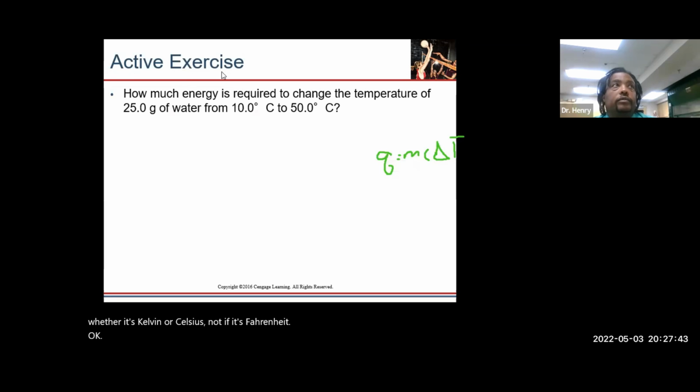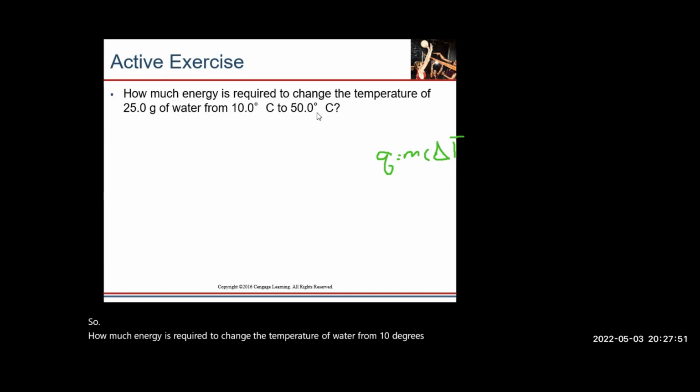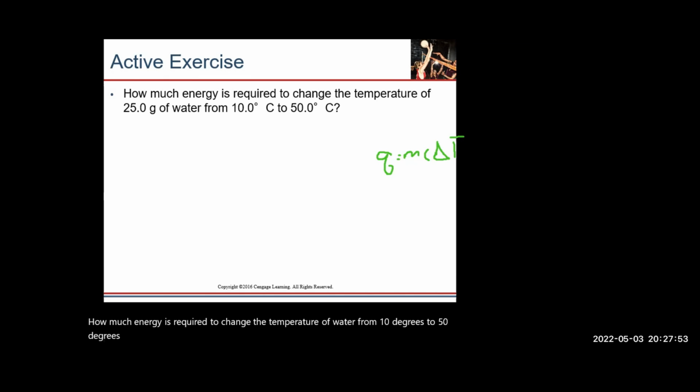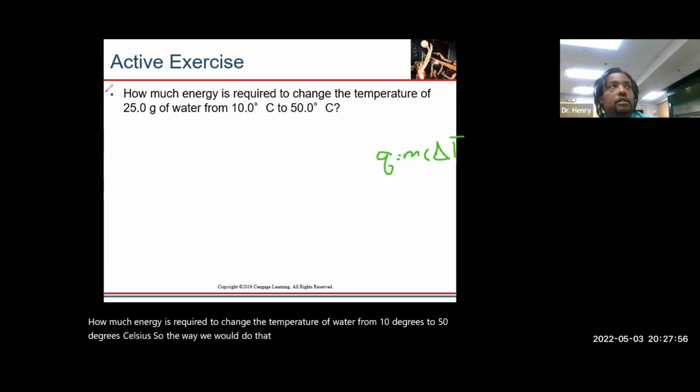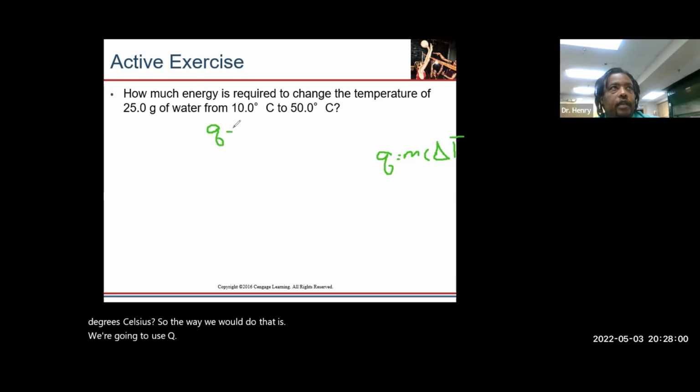So how much energy is required to change the temperature of water from 10 degrees to 50 degrees Celsius? The way we would do that is we're going to use Q equals MC delta T, where T is going from 10 degrees to 50 degrees.